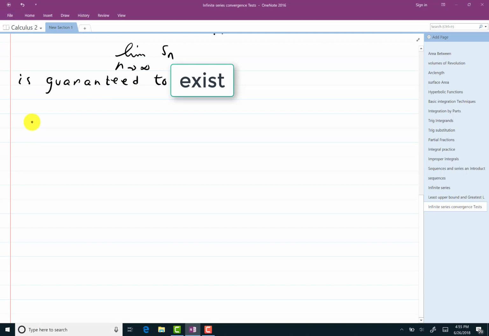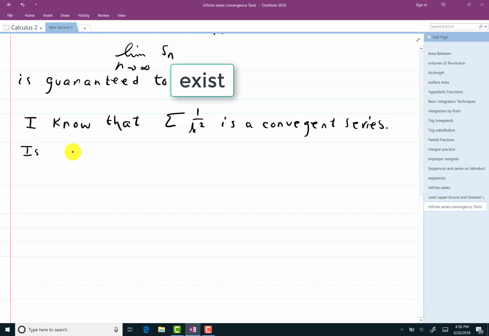I know that the sum of 1 over k squared is a convergent series. Okay, then is 1 over k cubed also convergent? Well, take a look now.